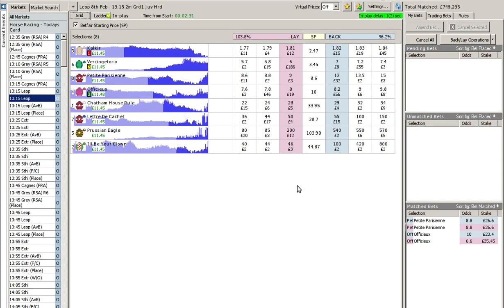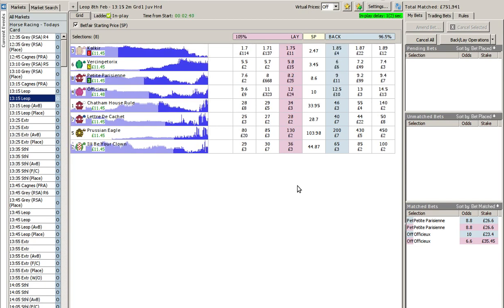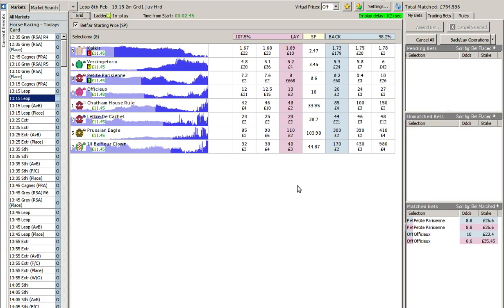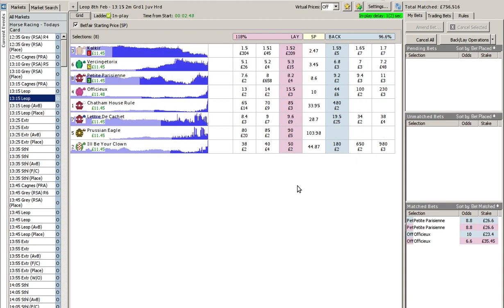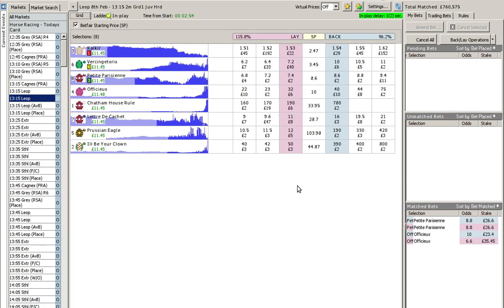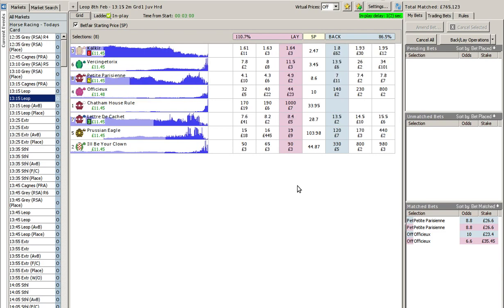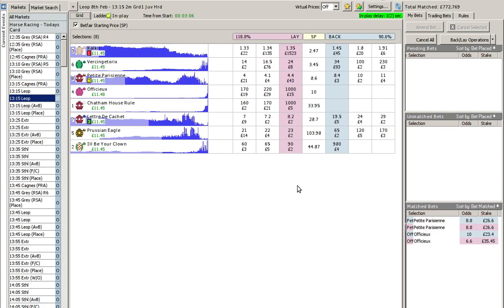Too many times when I was practicing early on, learning how to do it, I found myself in the red and I would trade out for a 50% loss, only for one of my runners to come charging in and come pretty damn close to winning the race if it didn't win. And so in the end I decided to change tack and go into the market with only the amount of money that I am prepared to lose. And of course that's a very important rule that you should have anyway when you're gambling trading.